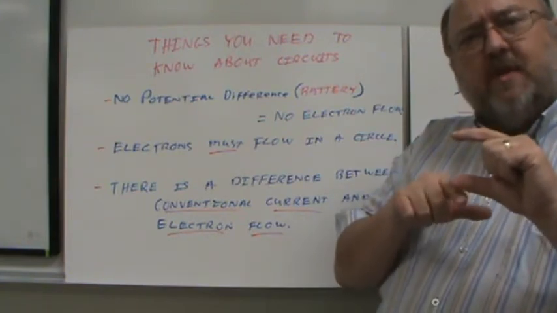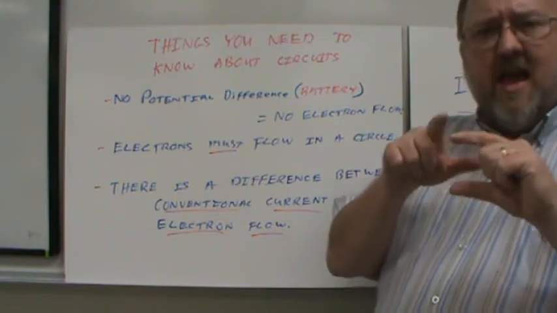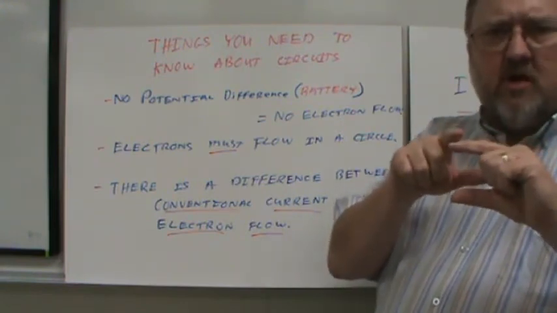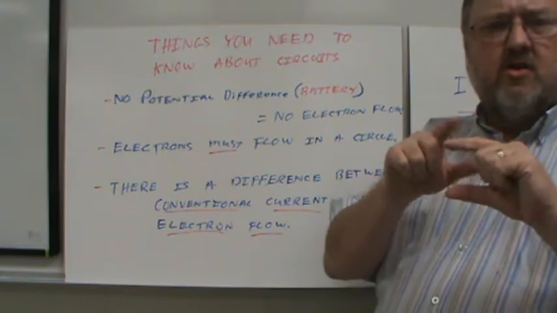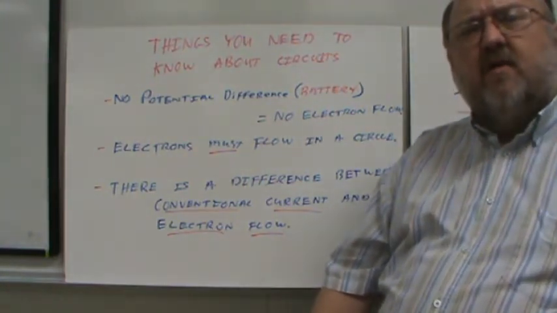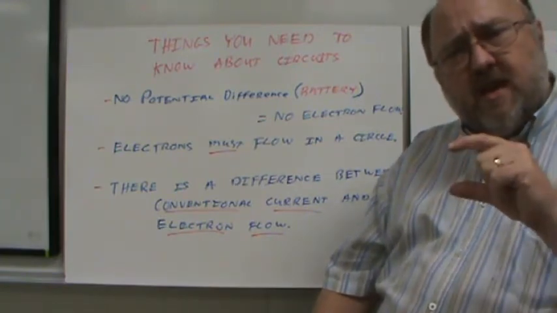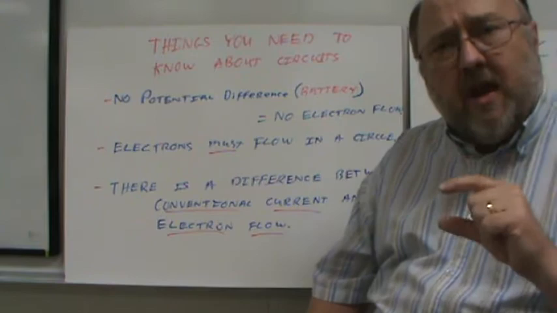If you connect a wire up between them, electrons would flow from the low side to the high side, and I said, at least in theory, that protons would flow from the high side to the low side. Truth is, the protons aren't able to flow because they're locked up inside of the nucleus. But if there is no potential difference, there will be no electron flow.